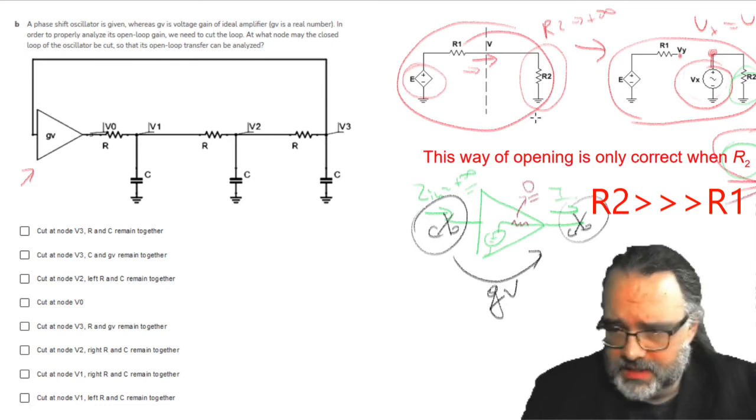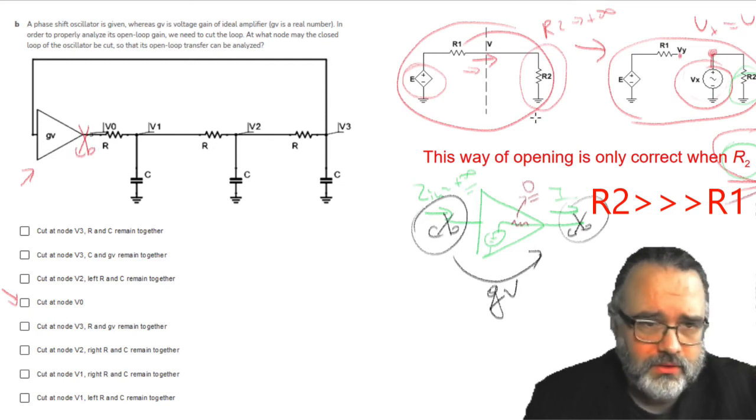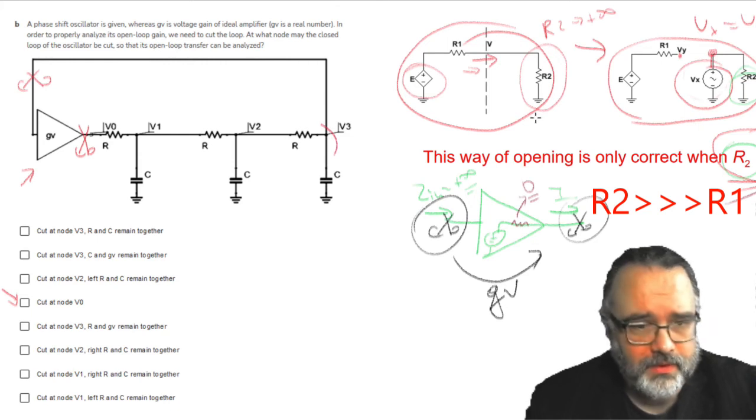This immediately makes this answer correct. Cutting the loop here, and also cutting the loop there, is also possible, which is this answer. V3 and R and C remain together. So cut the loop here. These are the two possible answers.